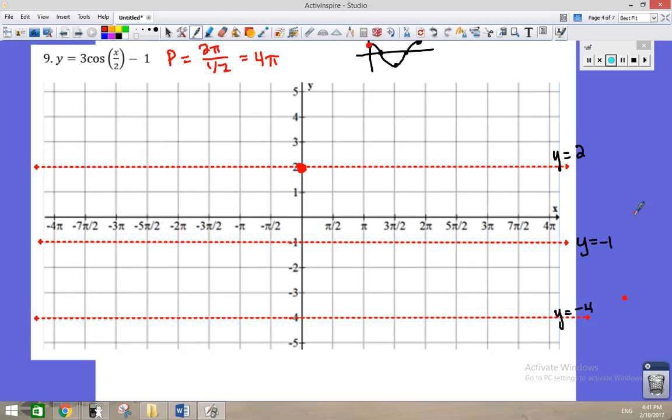And I know that the next maximum will occur at the start of the next cycle, which will be 4 pi units apart. So if this is a max, then 4 pi units away from that, either to the right or to the left, you'll have to be at a maximum value.